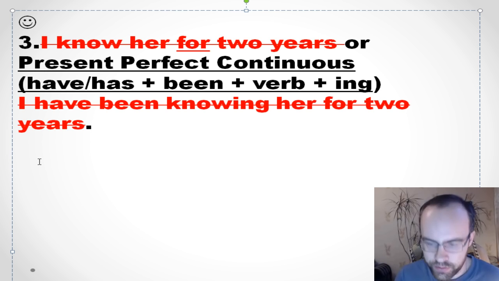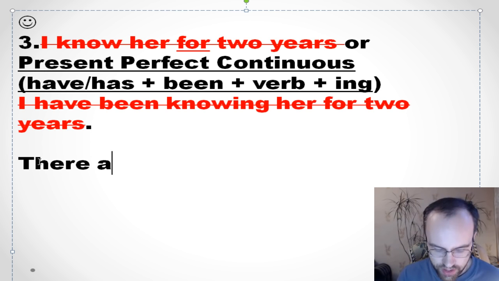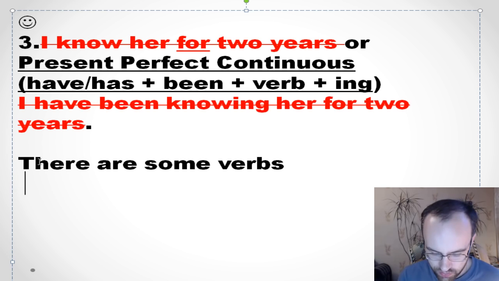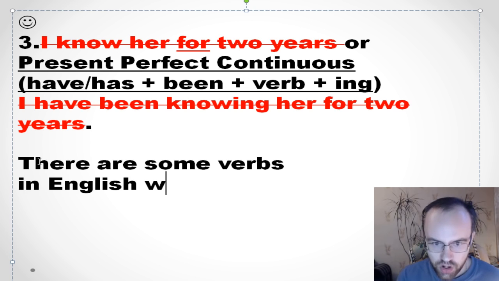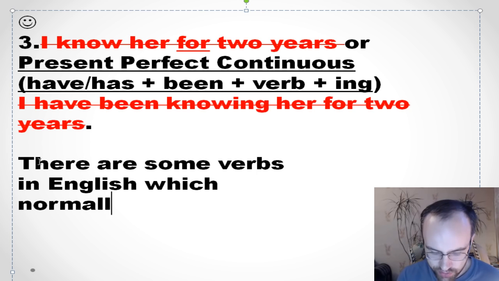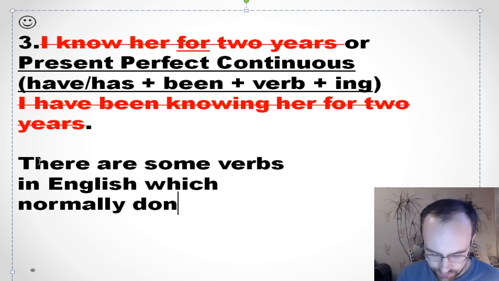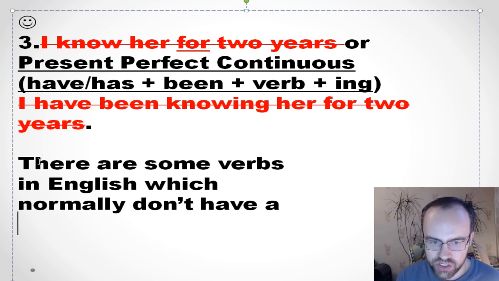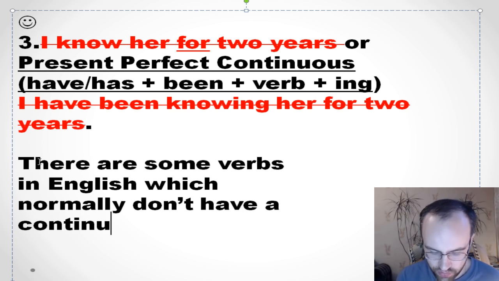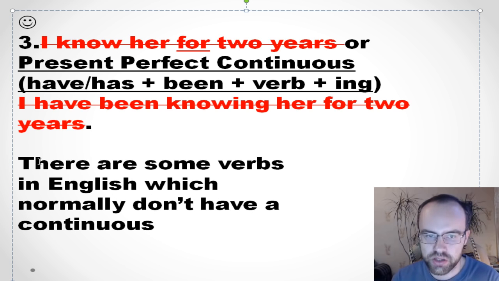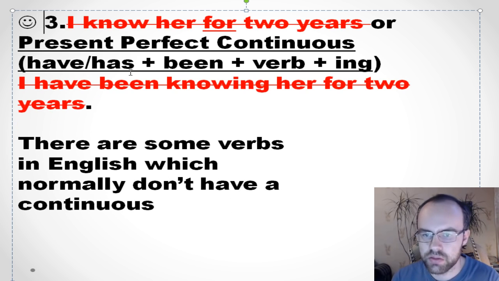So there are some verbs in English which normally don't have a continuous form. So you can't use them in present perfect continuous.